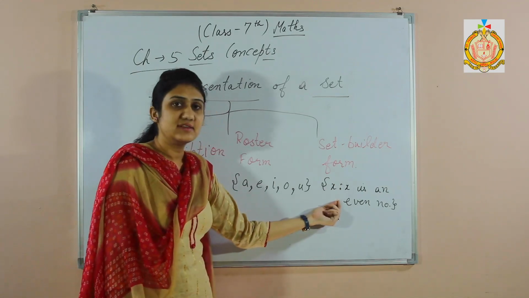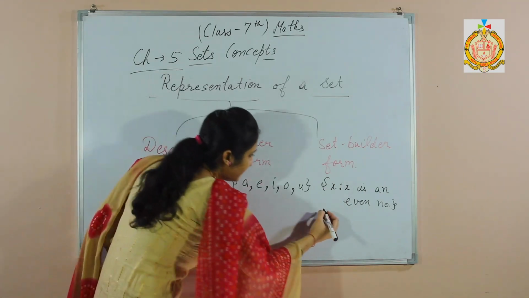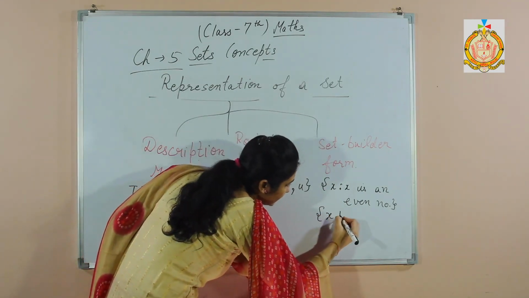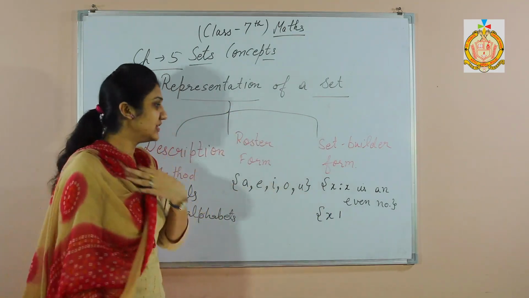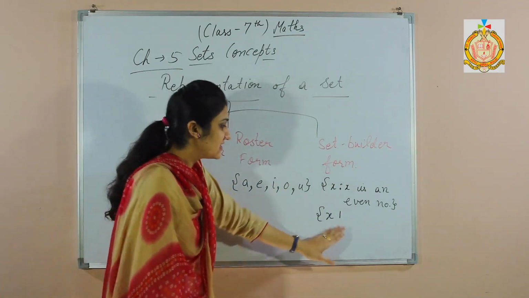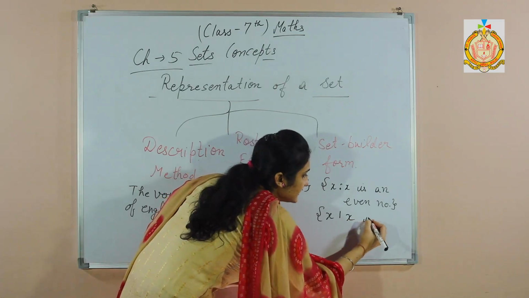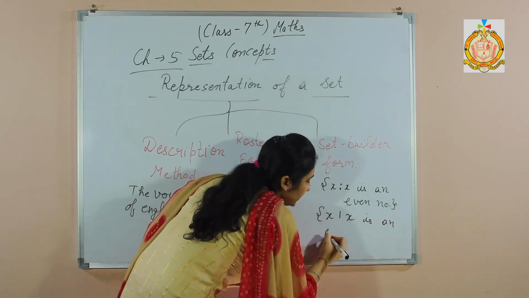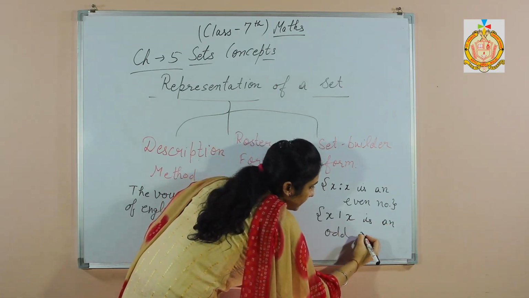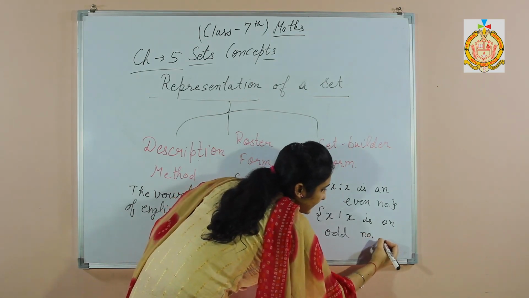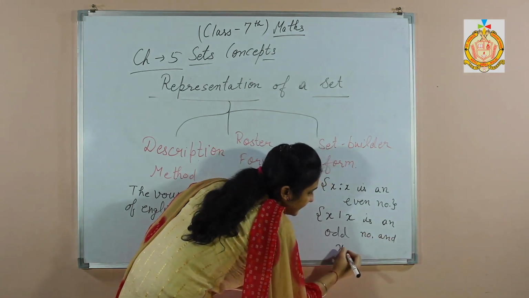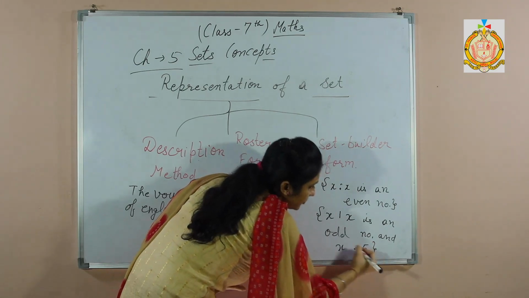This colon means such that, or this vertical bar also indicates such that. For example, x such that x is an odd number and x is less than 5.